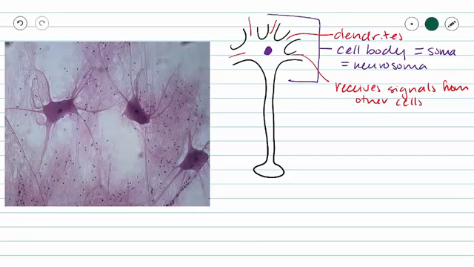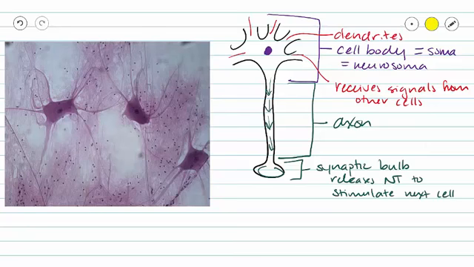If the decision is to pass that signal on, then that signal will travel down the axon, and this is where we see our conductivity coming in. So our signal travels down our axon and arrives at our synaptic bulb, where neurotransmitters are released to travel across a synaptic gap and stimulate the next cell.